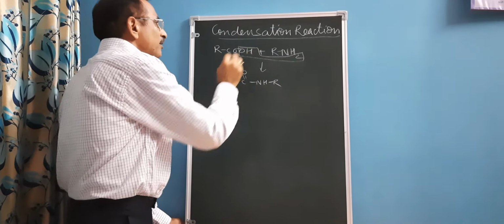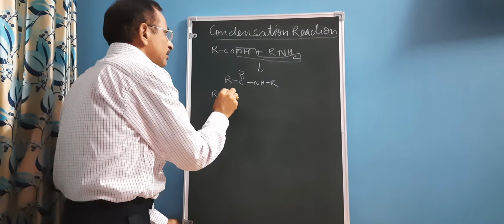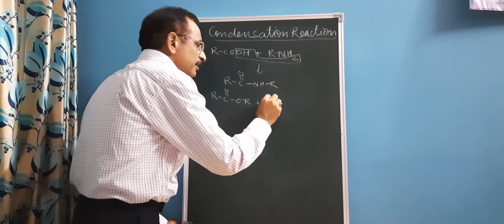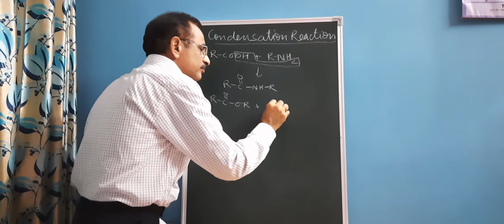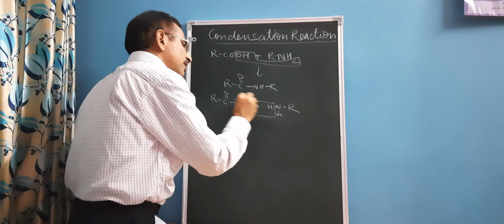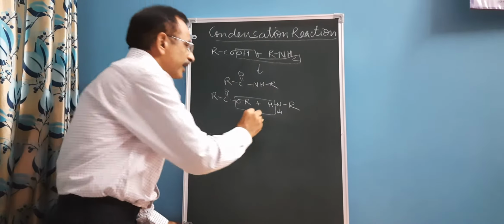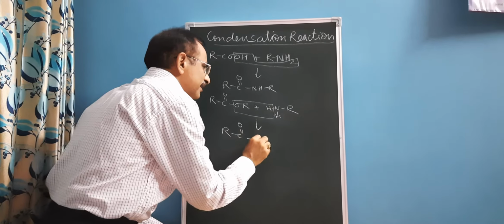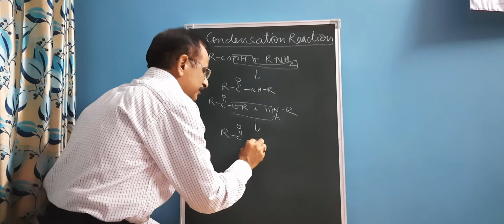Whenever we are having, let's consider ester and we are treating with the same amine, in that case there will be loss of alcohol here. Here again you can say this is again condensation reaction.